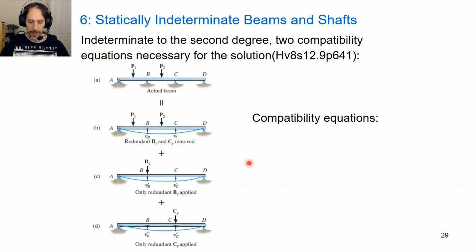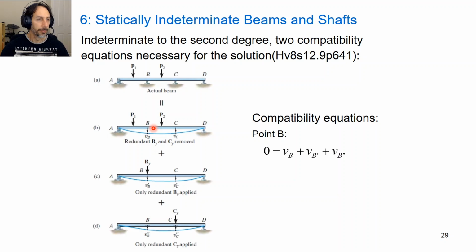If we consider point B to start with, we have displacement at B due to our two forces, and then VB dash due to the force BY, which is the force at our redundant support B. And then we'll have a displacement here at B due to the force CY, which is the force at our redundant support C. So that's one compatibility equation.